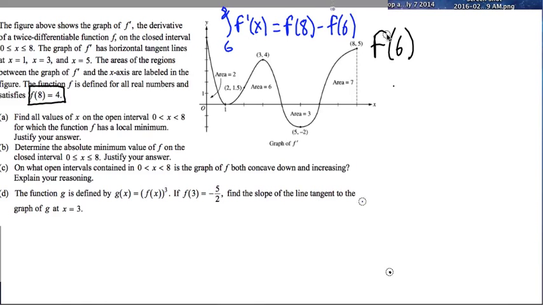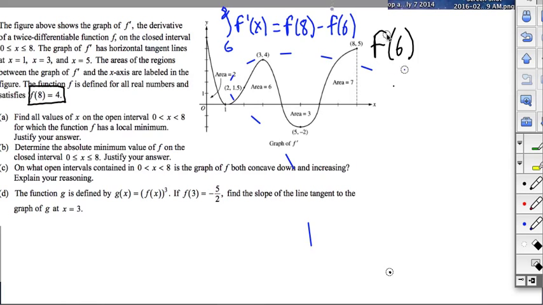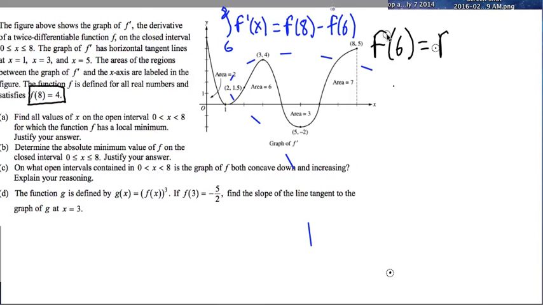This is FTOC part 2, where we're using f prime as what we're integrating, and so regular f is the appropriate notation for the antiderivative. We are going to rearrange this equation so that it solves for f of 6. So it's going to come out like the following: f of 6 is f of 8 minus the integral from 6 to 8 of f prime of x dx.